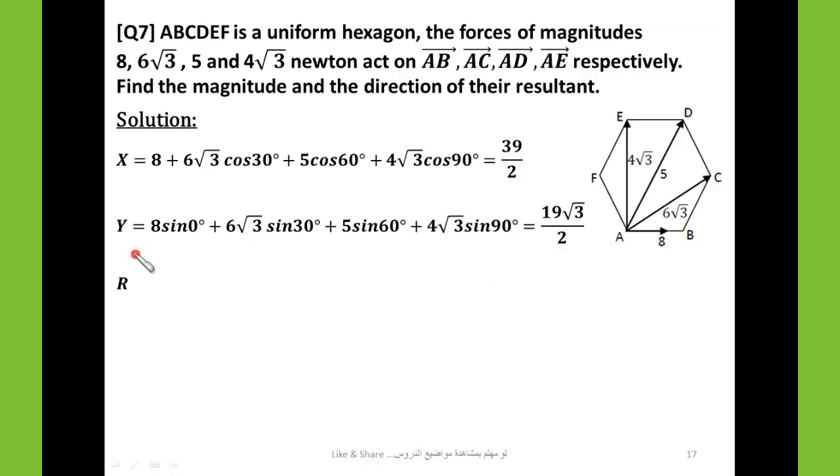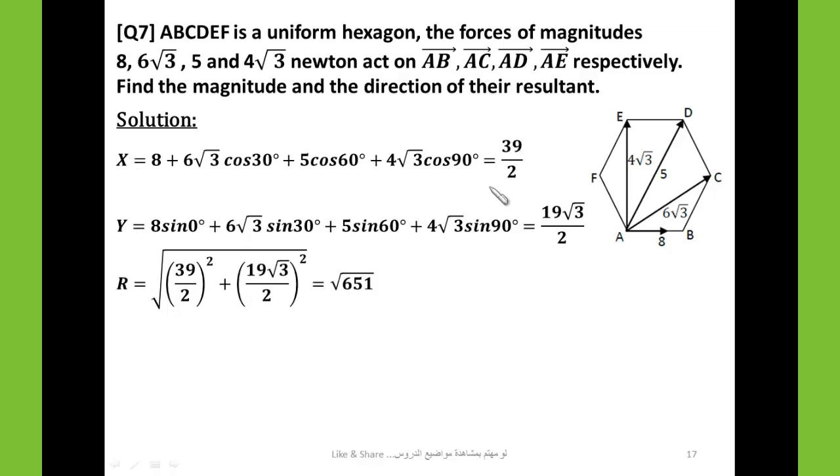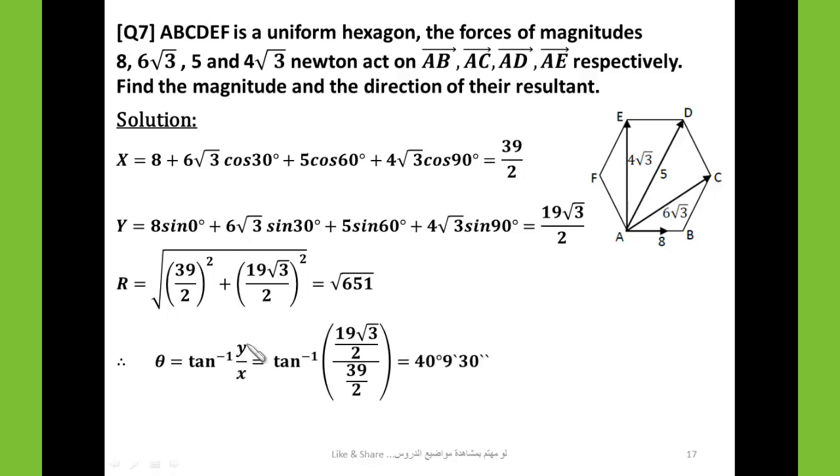Now r equals the square root of x square plus y square: the square root of (39 over 2) all square plus (19 root 3 over 2) all square, which equal root 651. And tan theta equals tan minus 1 of y over x, the component y over the component x.